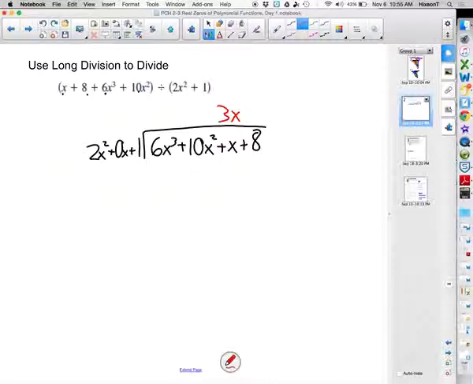Now as I multiply it back together, I have a 6x cubed, I have a 0x squared, and I have a plus 3x that I then need to subtract. That cancels out to 0. Notice here's where that placeholder is helpful because it helps me line up my terms. 10x squared minus 0x squared is 10x squared. And x minus 3x is a minus 2x.